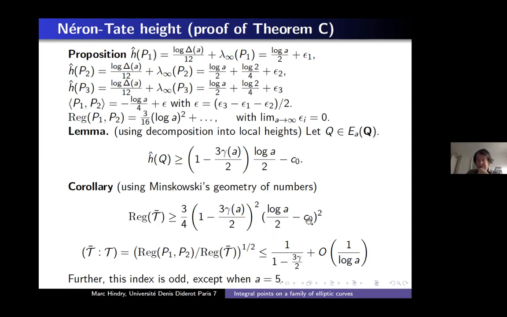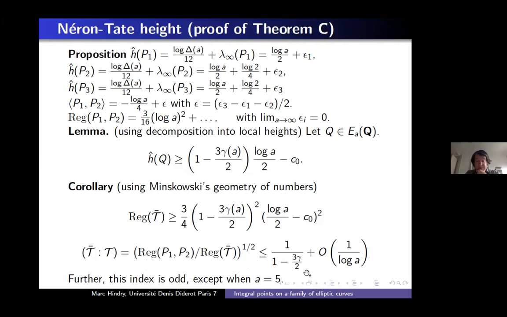So you get something that is log A squared times some factor. When you compare this with the regulator of P1 and P2, the index that you want to compute is the square root of the quotient of the two regulators. That's elementary. With those inequalities, you end up showing that it's bounded by this quantity. It's just a direct calculation, and each time we write explicit constants to keep track of things.